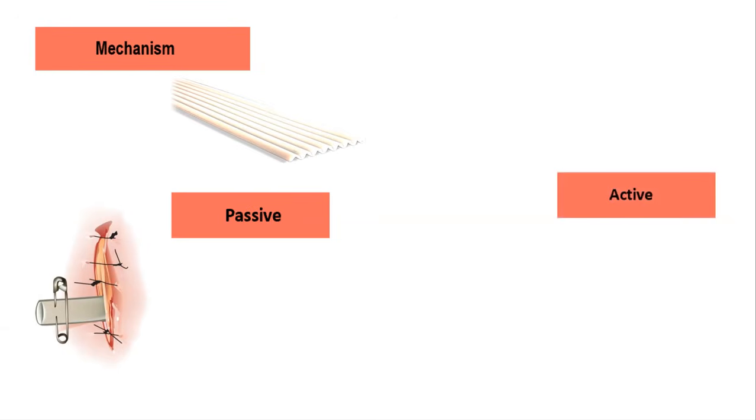Active drains are put under pressure by active suction, either high or low suction, like this one. This is called a Redivac drain.